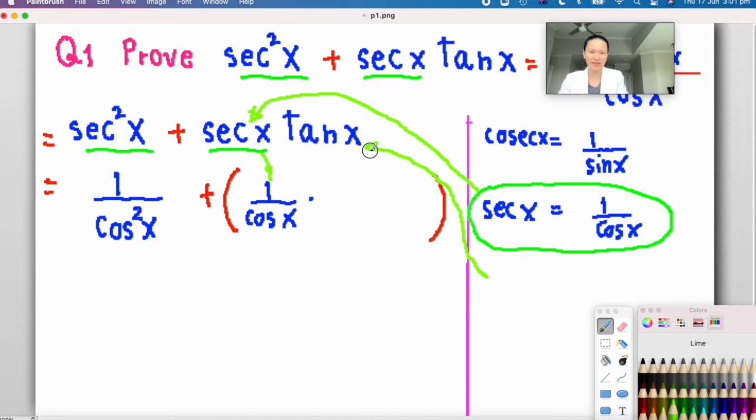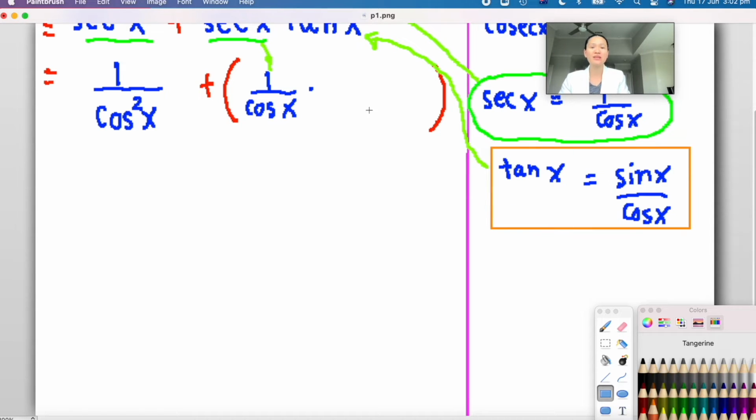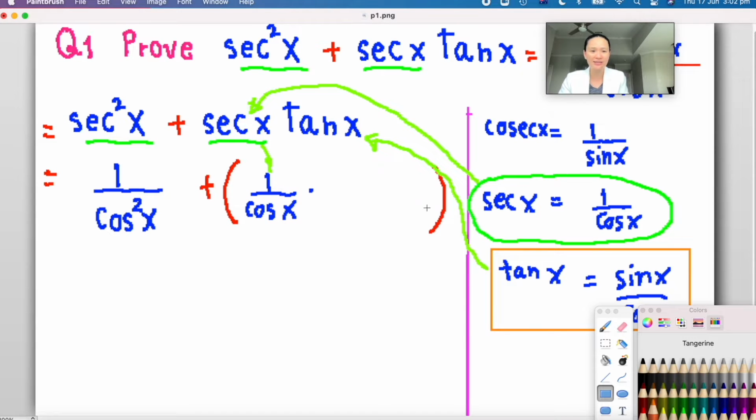Tan x. We learned them already. Tan x equals sine x divided by cos x. Let me put the frame here for you again. So from here, tan x equals sine x divided by cos x. Okay, I write down here sine x divided by cos x.